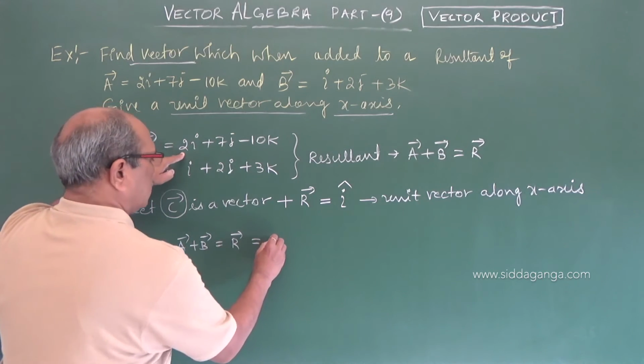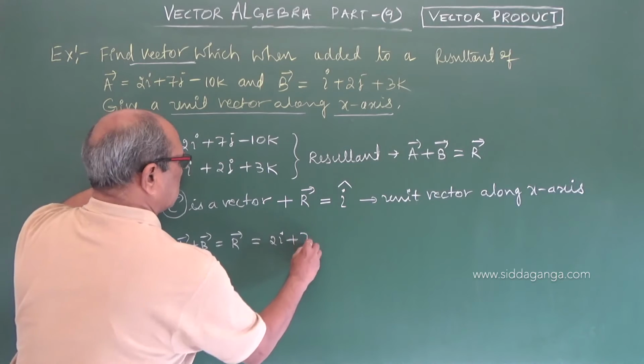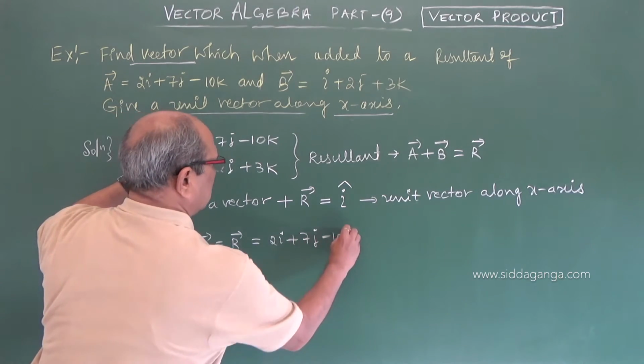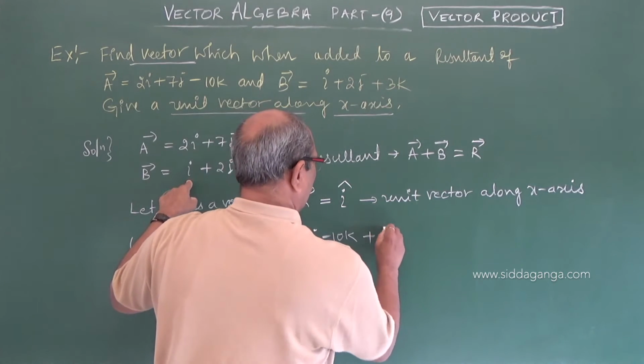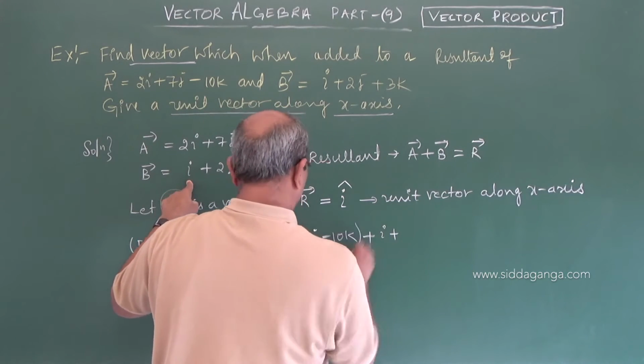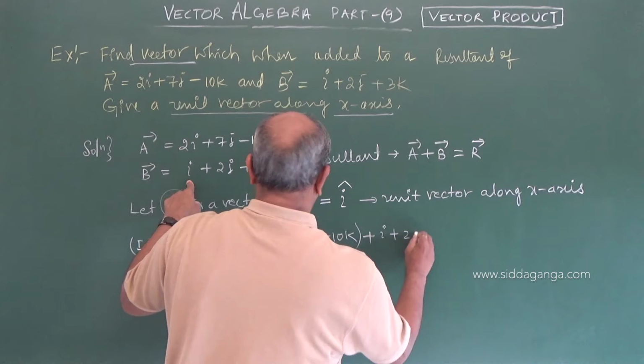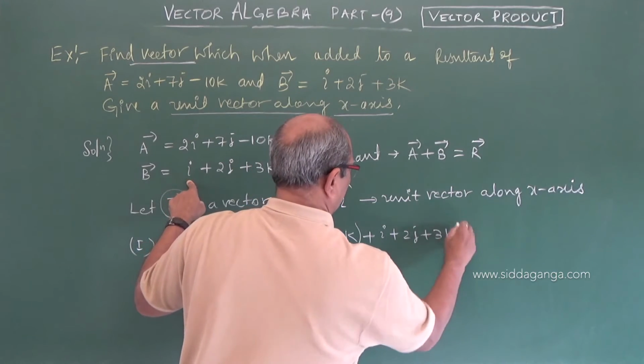A is 2i plus 7j minus 10k plus i plus 2j plus 3k.